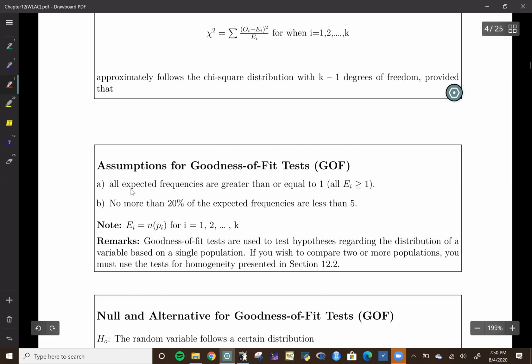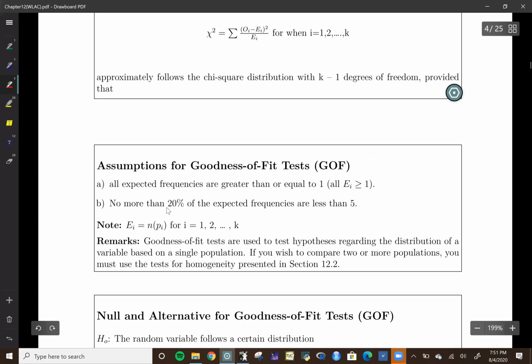What you want is for all expected frequencies to be greater than or equal to 1. So when you get the expected values, you want all of them to be greater than or equal to 1. If you have something that's less than 1, then you might have an issue.